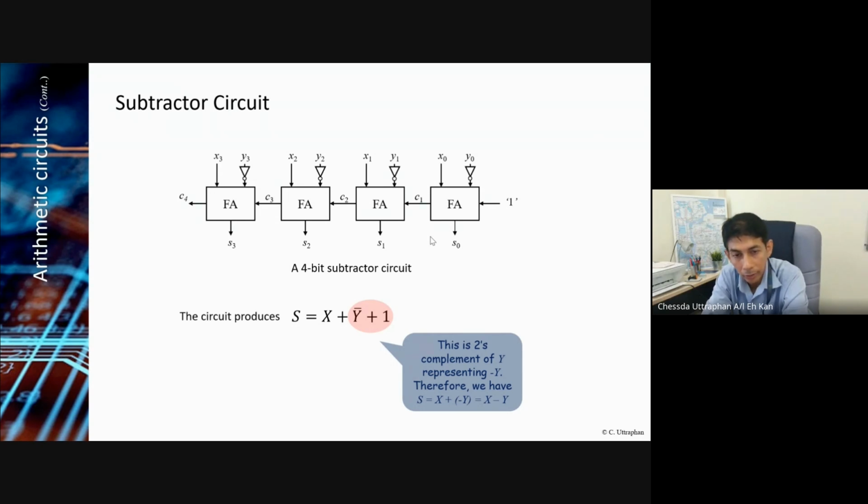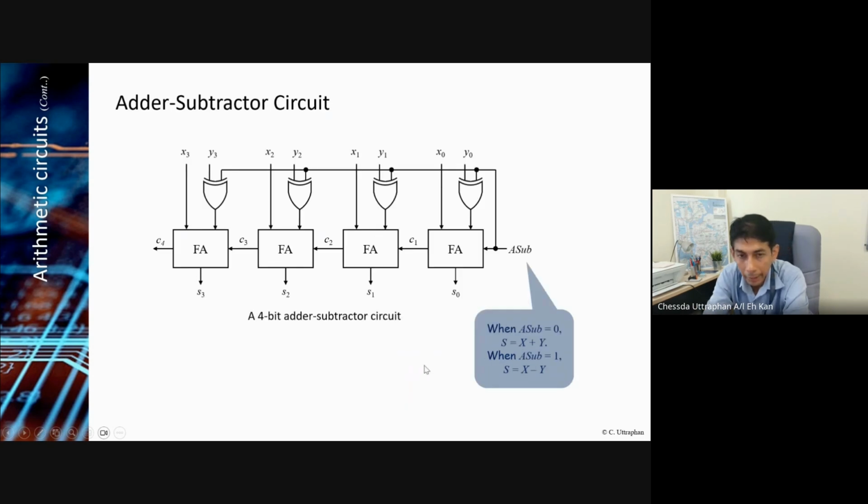Change only some setting. If we want to have an add function, we can use the same circuit to add. If we want to have a subtract function, then we can use the same circuit to do the subtract operation, right?